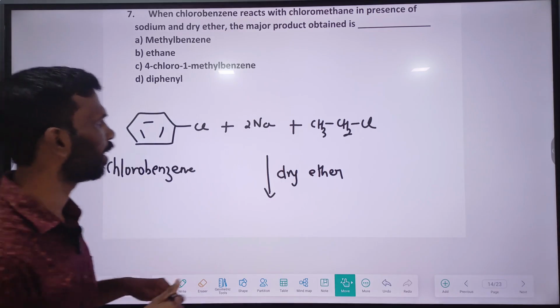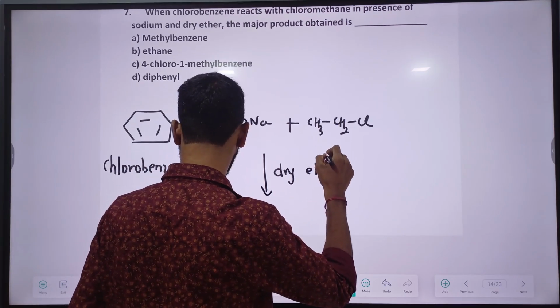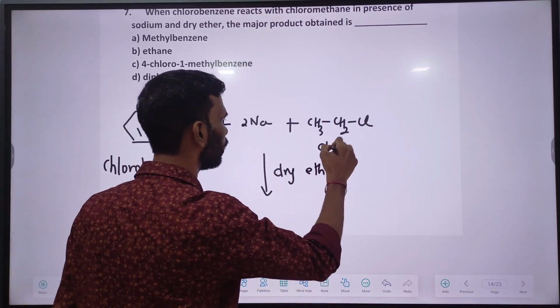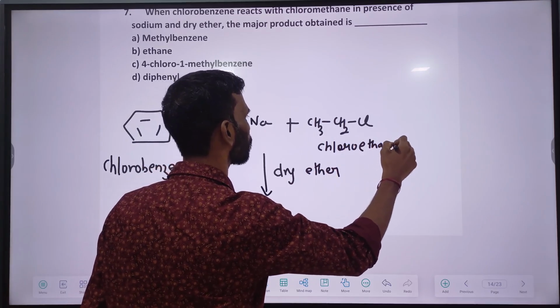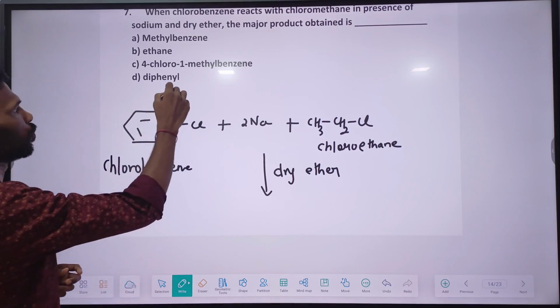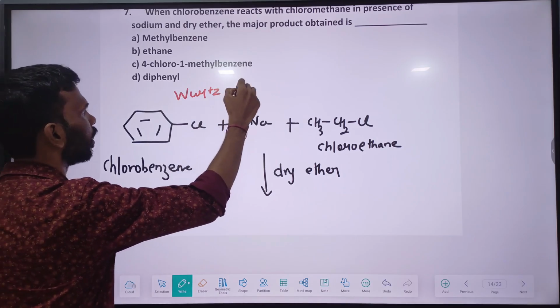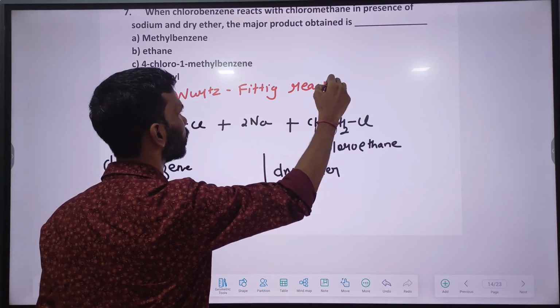This is aryl halide. This is chloroethane, means alkyl halide. This reaction is the Wurtz-Fittig reaction. Understand? Aryl halide and alkyl halide, Wurtz-Fittig reaction.